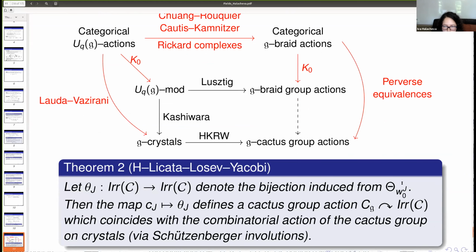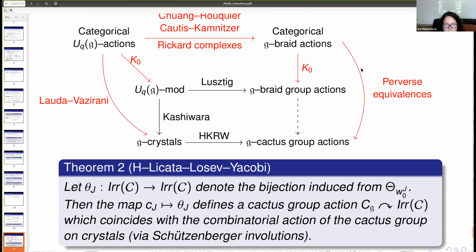So for the Rickard complex indexed by the longest Weyl group element for the sub-Dynkin diagram J, the bijection it induces on simple objects I'll call theta J. And then we show that the map going from an element of the cactus group to this theta J defines a cactus group action.